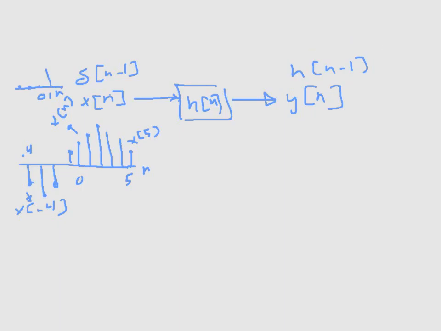Now the input sequence x[n] has values I will pick out specially, such as x[0], and at n equal 5 we have x[5], and back here at n equal minus 4 we have the value x[-4].